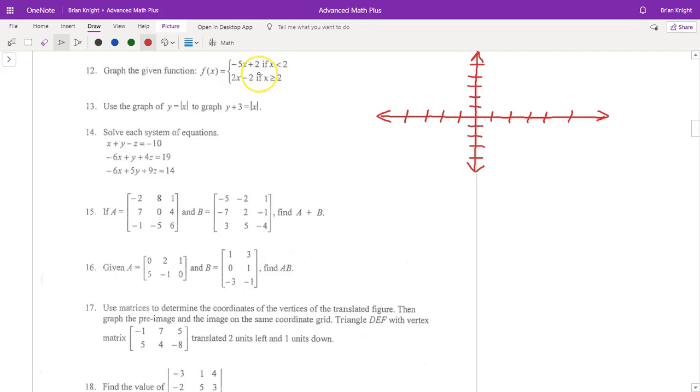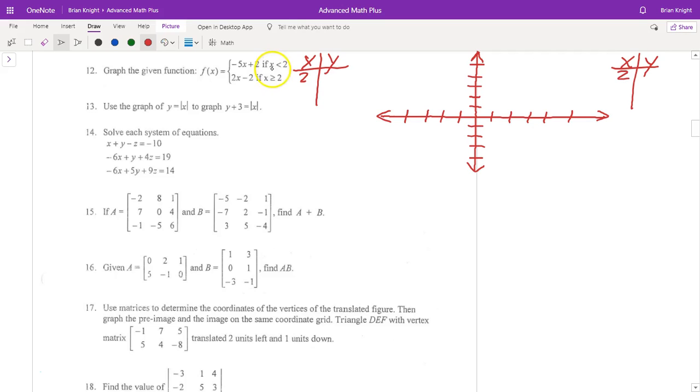Anybody remember what these are called? I just know they're like different lines going everywhere. They're in pieces. It's called a piecewise function, okay? And so basically we just need to make two XY tables, okay? So one of the XY tables will start at 2, well they'll both start at 2 actually. But one will be the numbers before 2 and one will be the numbers after 2, okay?